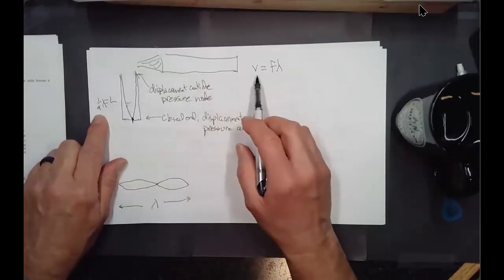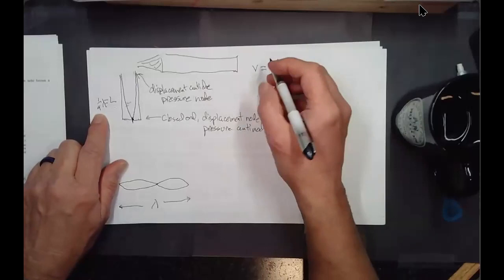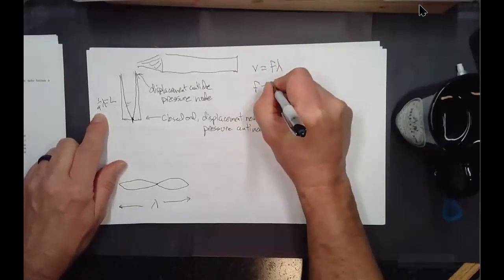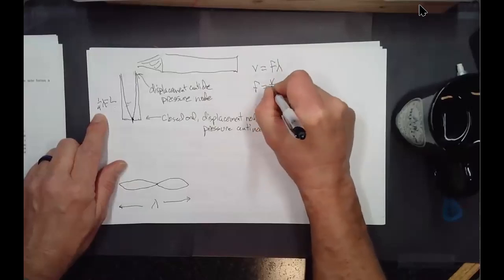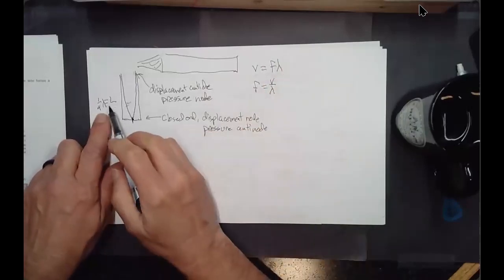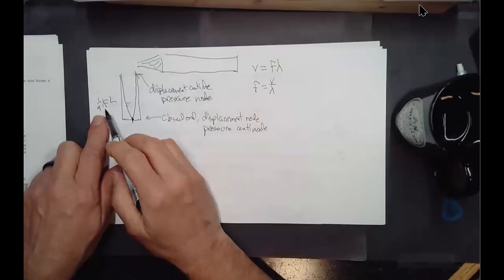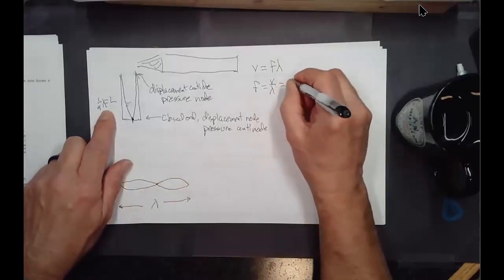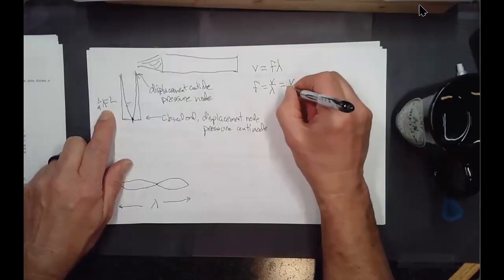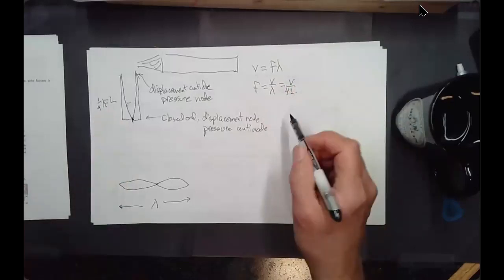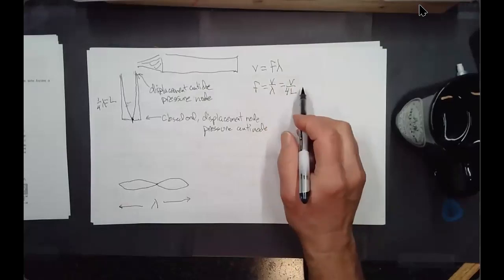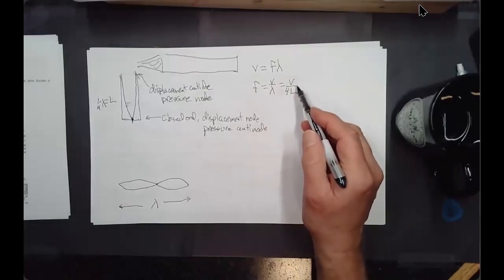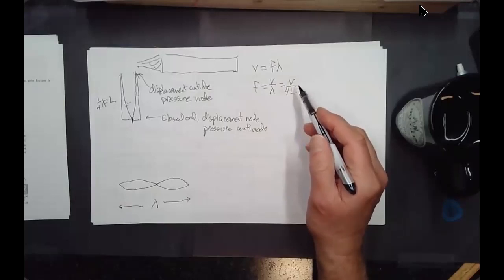Now, keeping this v equals f lambda in mind, the frequency of any wave is going to be v divided by the wavelength. Well, in this case, the wavelength is actually going to equal 4L. So we would have v over 4L for the fundamental frequency. Now, the speed of sound in air, we're going to just leave it at 344 meters per second.